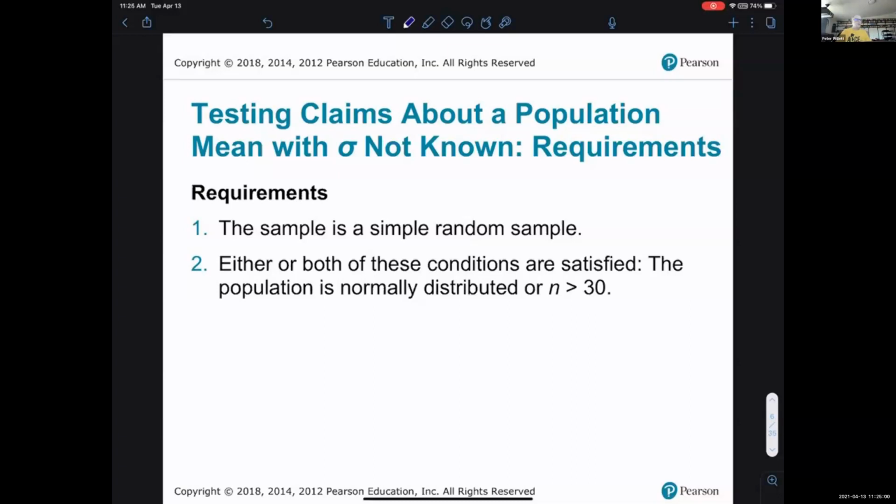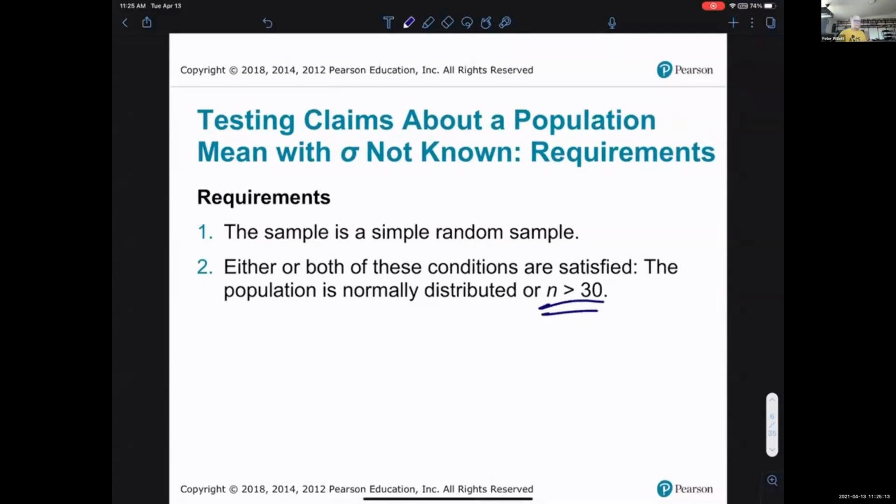Or you can get around that, if you're not sure about that or don't believe that to be the case, by just having a large enough sample size. So the other satisfactory condition is that n is greater than 30. It says either or both of these conditions are satisfied. That's a requirement. So if you have a sample size of 30 or less, then you need to have some reason to believe that the sample comes from a normally distributed population.